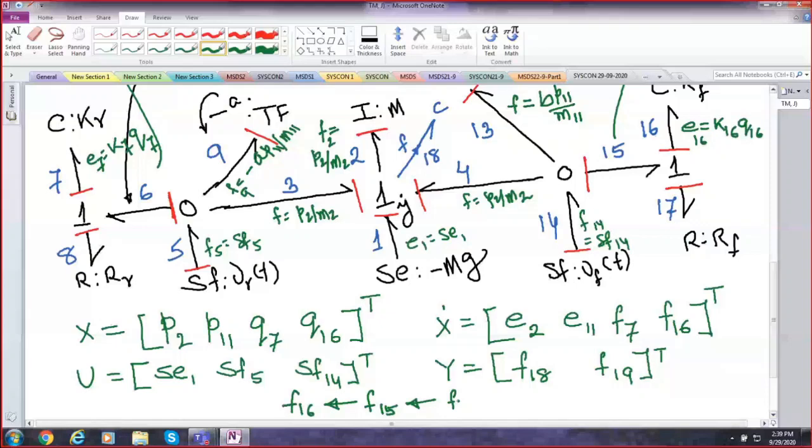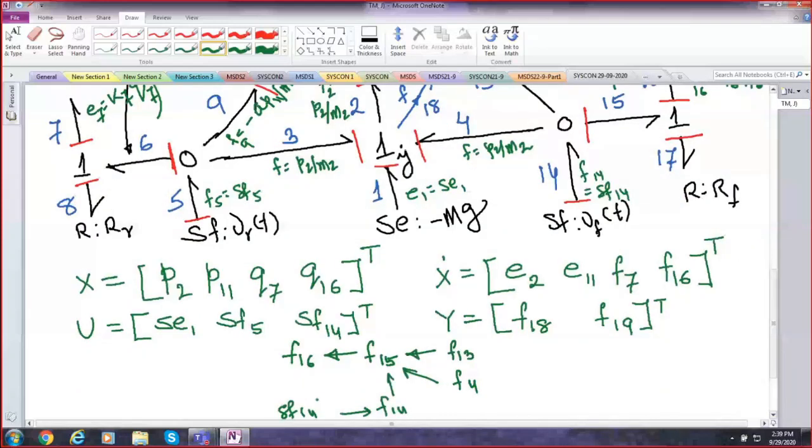F14 I get from SF14, which is known, and this I get from E2 by M2.